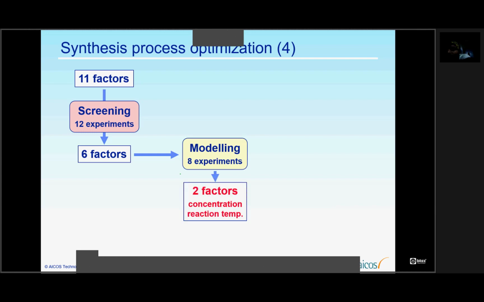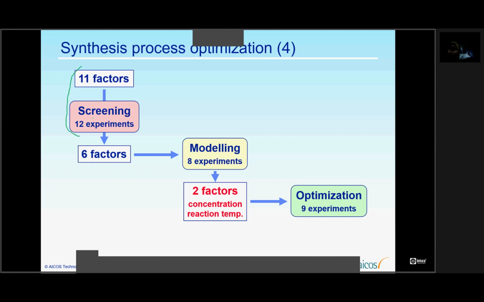And in the modeling phase, one found that 2 factors were essential, concentration and temperature. We've seen that actually in the initial slides. It's based on a similar example. And the optimization had 9 experiments.